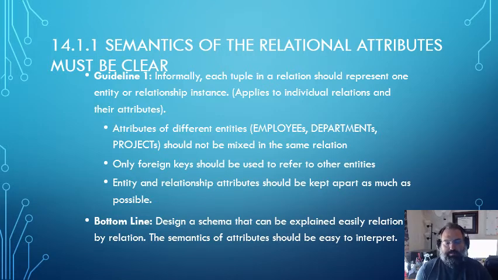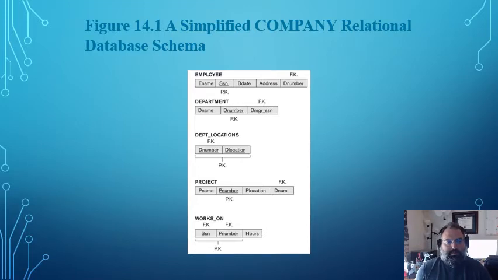Entity and relationship attributes should be kept apart as much as possible. The bottom line is that you should design a schema that can be explained easily relation by relation. The semantics of attributes should be easy to interpret. Here's an example, figure 14.1, of a simplified company relational database schema.